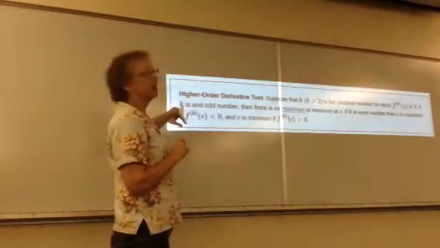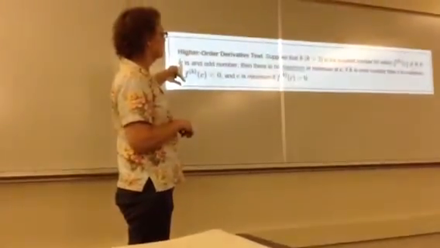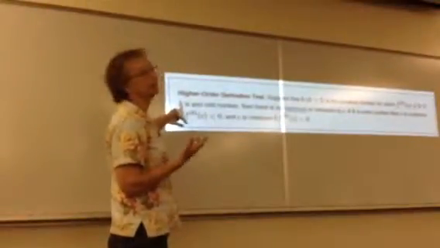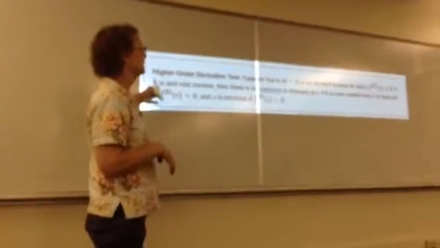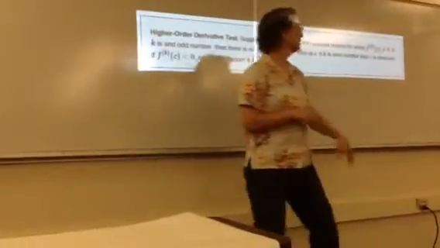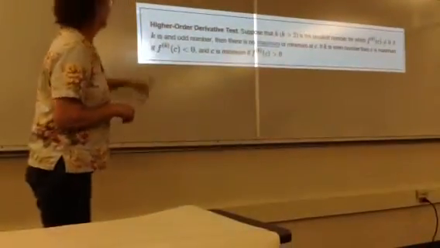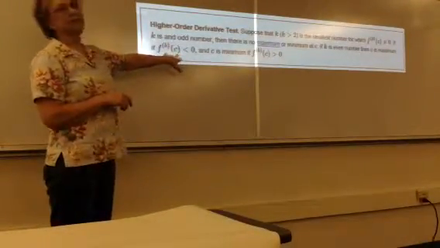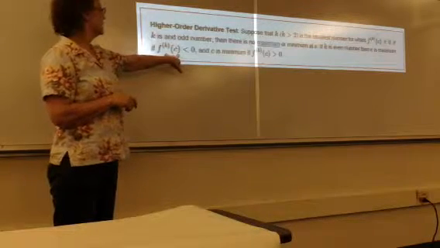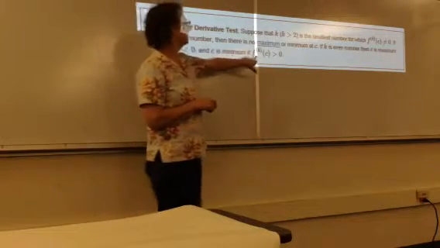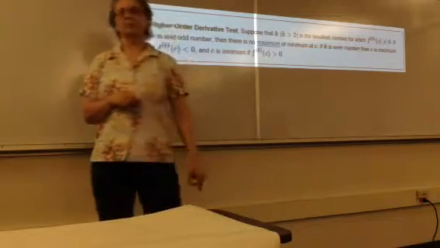If the number of times you took the derivative is odd, there's no maximum or minimum at c. In other words, it's an inflection point. If the number of times is even, then if the derivative is less than 0, it's a maximum. And if the derivative is greater than 0, it's a minimum.